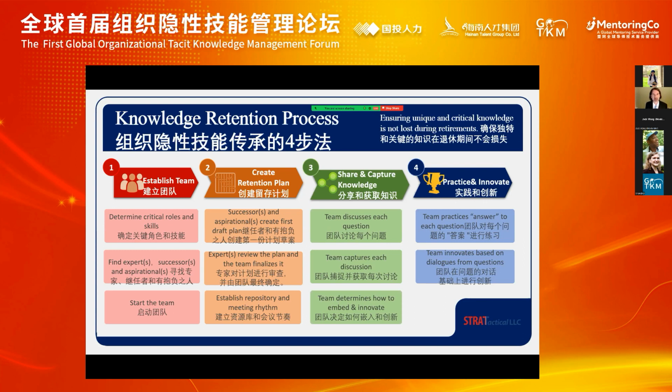Also notice in the upper right how it says unique and critical knowledge. We are not promising all knowledge. We are promising unique and critical knowledge. What is the most important tacit knowledge that needs to be created or practiced or documented or discussed, talked about in story, just like Joelle was just talking about?